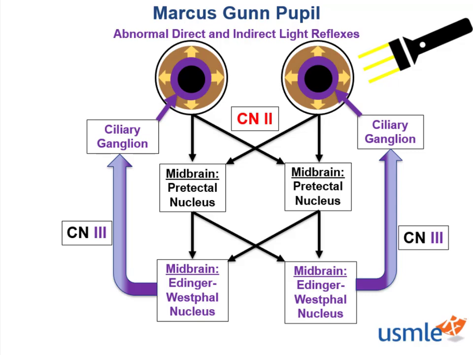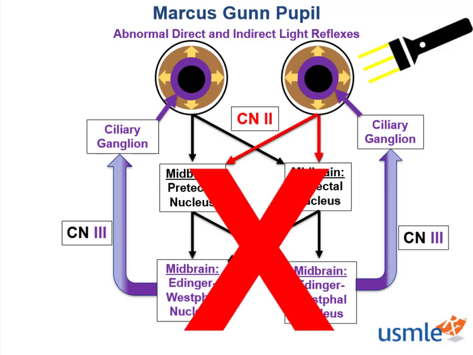If damaged, the retina cannot send light signals via cranial nerve 2 to the rest of this pathway. This demonstrates an abnormal direct light reflex as the eye that had light directly shone into it dilated. This abnormal direct light reflex is called a Marcus-Gunn pupil.